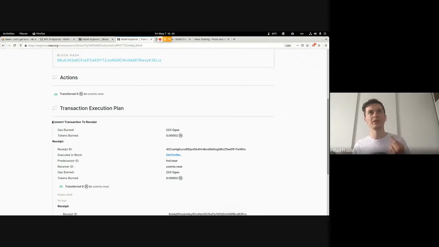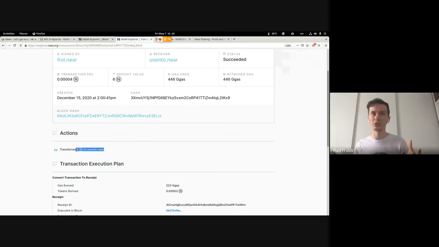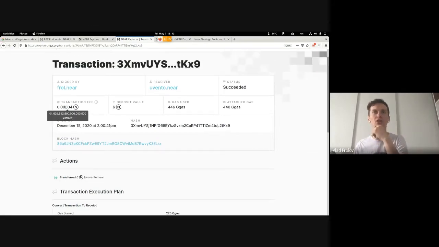So the validator receives a transaction and converts it to a receipt. This means that the validator checks the transaction is valid to be even processed. So it is signed by me. There are enough tokens to, well, no, it doesn't check whether there are enough tokens for the actions, but it checks whether there are enough tokens to pay the fee, because we actually pay more in advance.